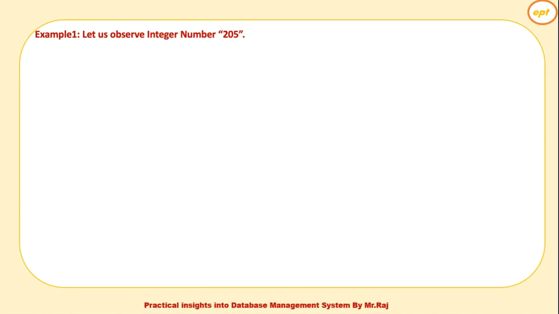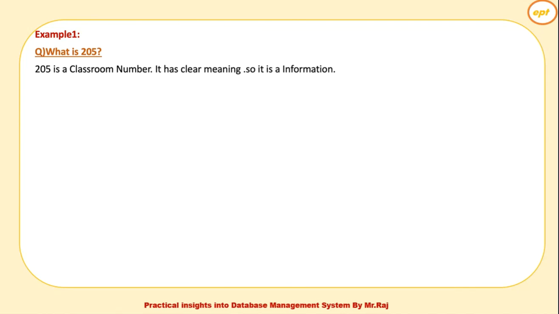Are you getting what I'm saying? If I tell you the integer number 205, it could mean anything, right? But if I add context to the 205, then you will easily understand what I am talking about. What is the context of that 205? Let us see. Basically, if I say 205, you will ask me, what is 205?